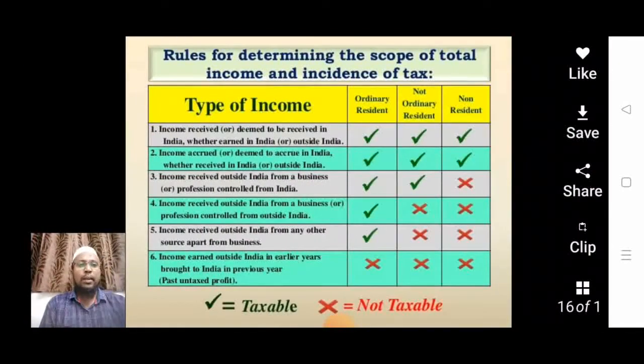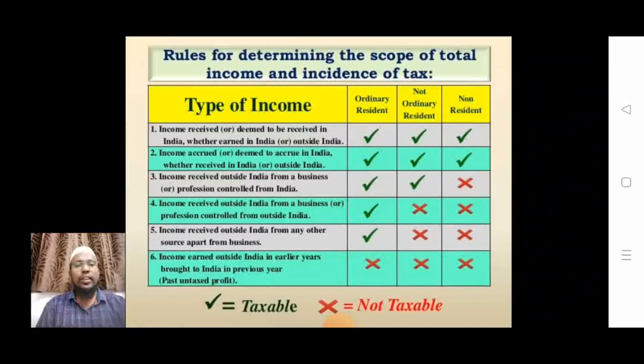Rules for determining the scope of total income and incidence of tax under section 5. For types of income, we are giving columns: ordinary resident, not an ordinary resident, and the last one non-resident. If a person receives the amount in India, whether earned in India or outside India, in all three situations it is taxable.